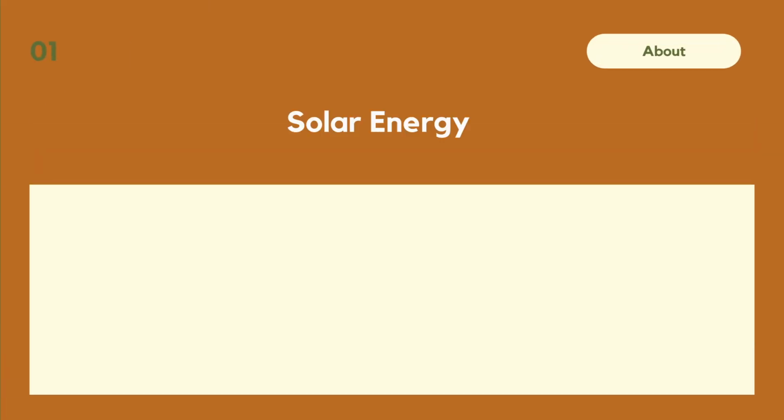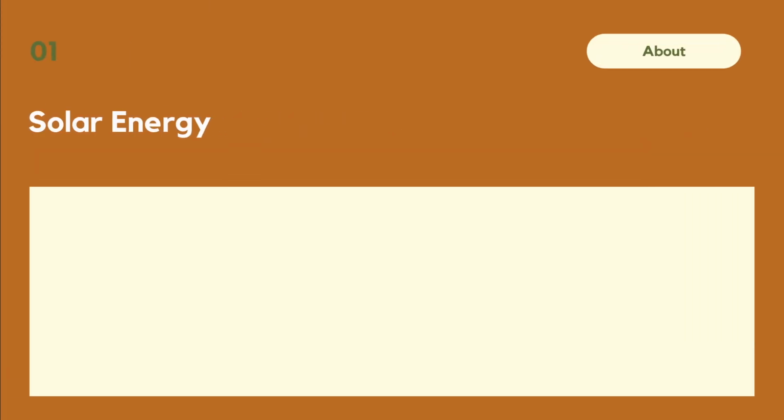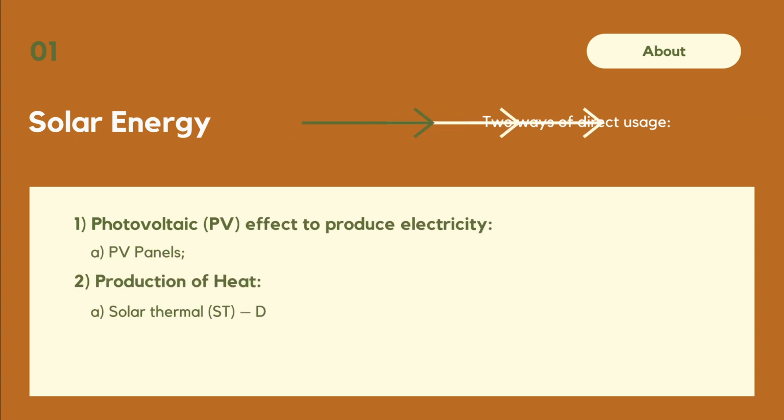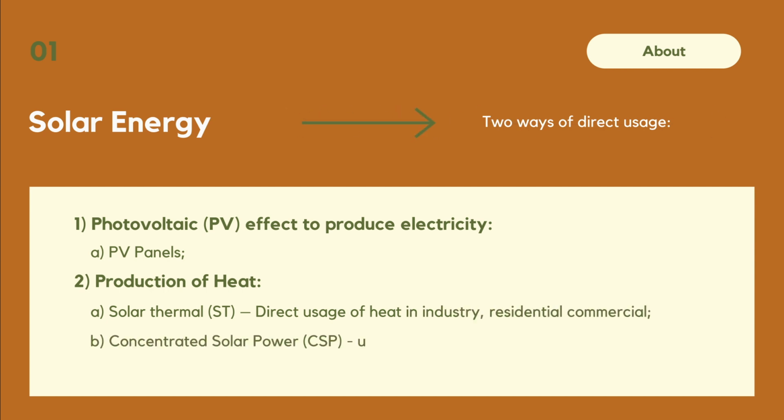And to supply this population in a renewable way, the only resource available on a large scale is solar energy. There are two ways of its direct usage.